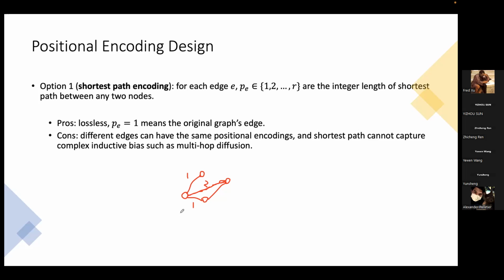So they want to add length 2 or maybe length 3 paths to the original graph, and then they label those additional edges as 2 or 3. Okay. So that's a way to augment the original graph. Yes, that's one way to augment it. Right.